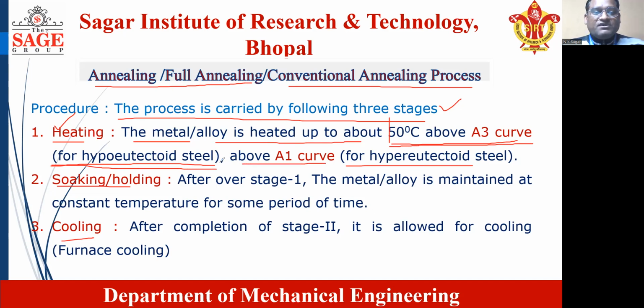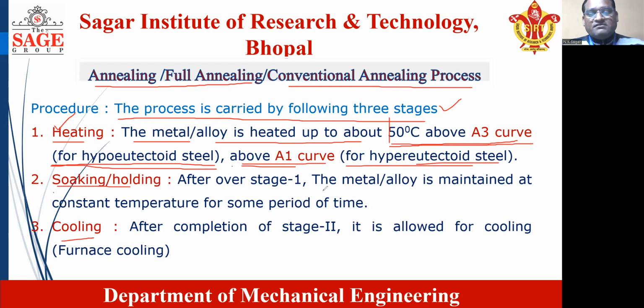So if the component is hypoeutectoid steel, the temperature up to which we heat it is about 50 degrees Celsius above the A3 curve, and 15 degrees Celsius above the A1 curve for hypereutectoid steel. So this temperature range is very important for the annealing process.